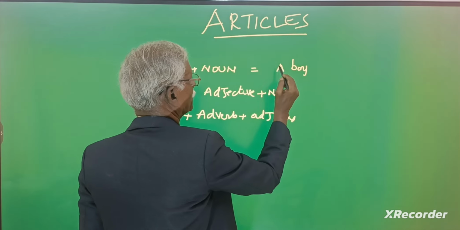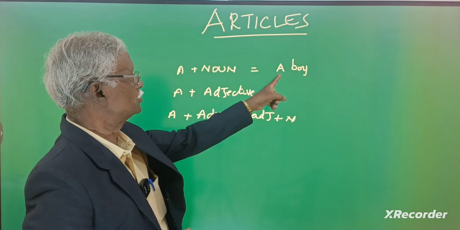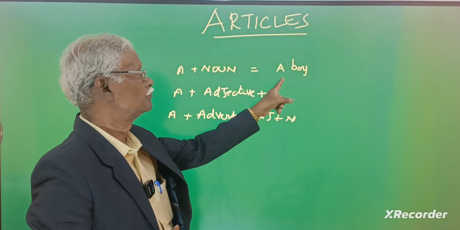A boy. So a is used as an indefinite article. This is a consonant letter. So, a boy.